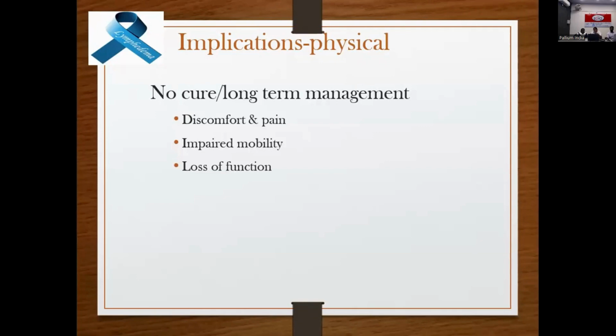That is heaviness, and it will affect the mobility. So impaired mobility will be there. Then loss of function. Due to the impaired mobility, the affected person can't do anything with that limb, so there is loss of function. These are the main physical implications for the lymphedema patient: discomfort, pain, impaired mobility and loss of function. These are the main physical symptoms.